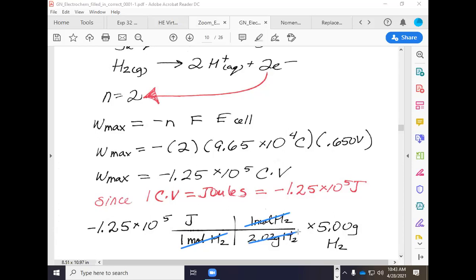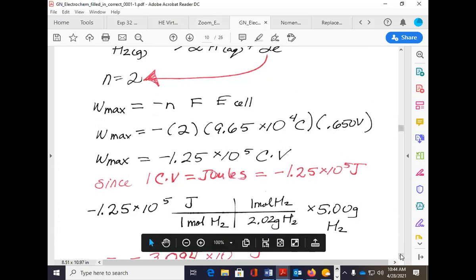The grams of hydrogen cancel with the grams of hydrogen, and the grams of hydrogen was given in the problem. And then we have the final answer.